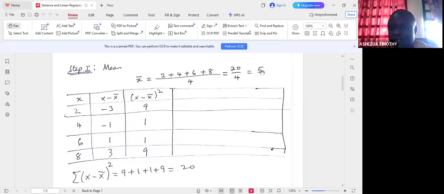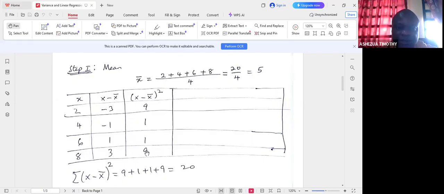Your x bar is this 5. Therefore, 2 minus 5 gives us minus 3. 4 minus 5 gives us minus 1. 6 minus this 5 gives us 1. 8 minus this 5 gives us 3.